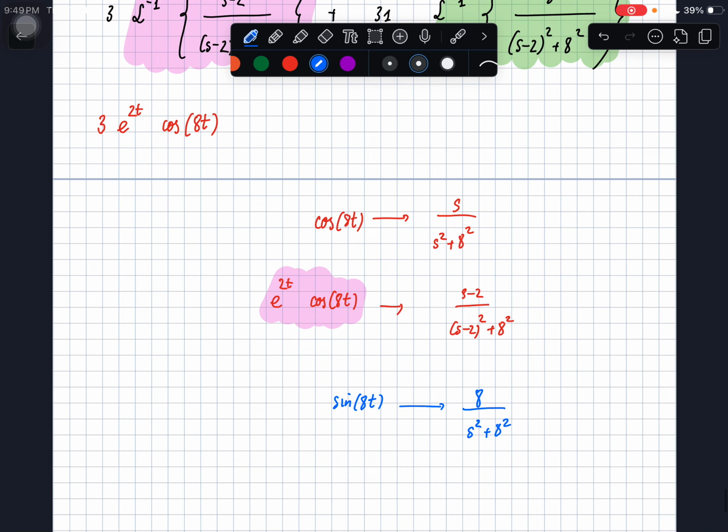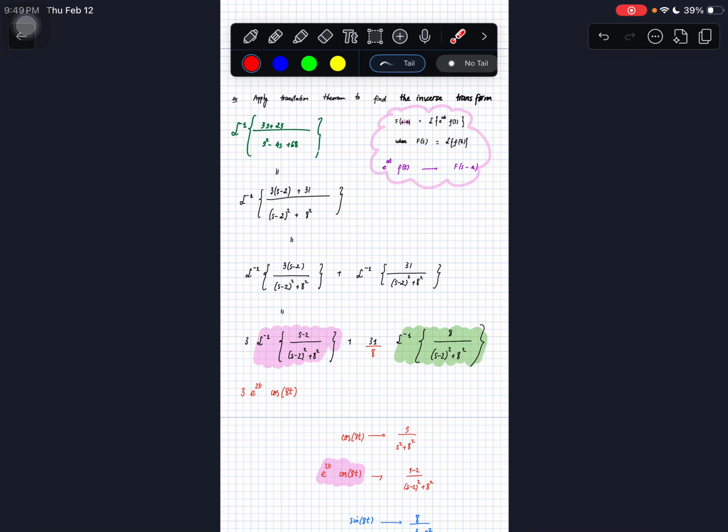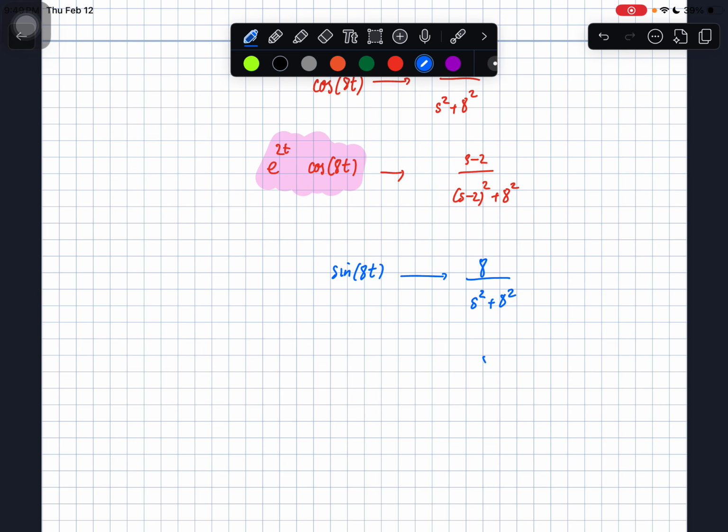The theorem says that if you have this shift s minus a, so 8 over (s minus 2) squared plus 8 squared, this one is the transform of e to the 2t sine of 8t.